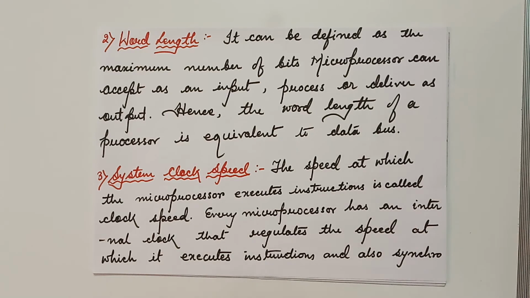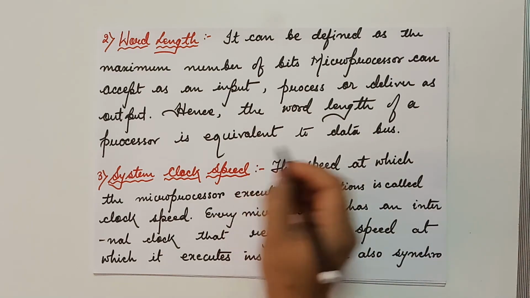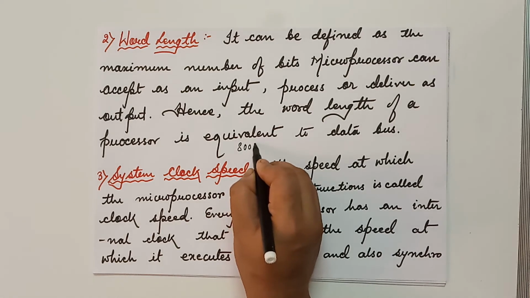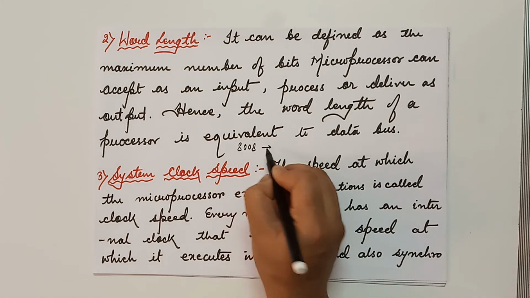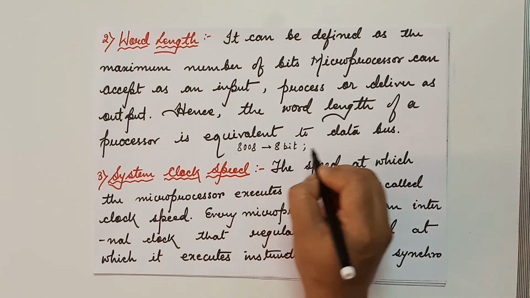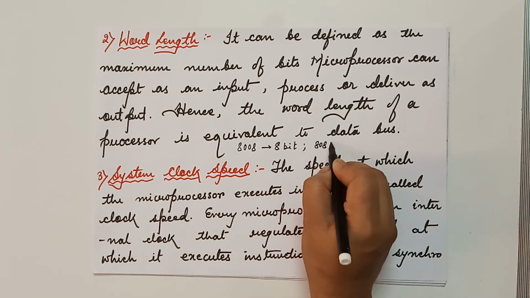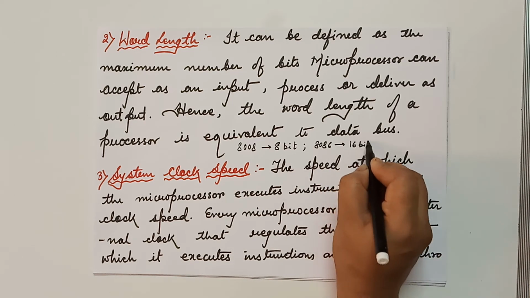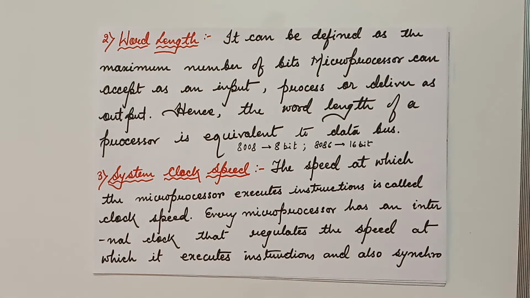Just like we have already discussed in the evolution of the microprocessor, the 8008 was an 8 bit microprocessor, the 8086 was 16 bit, and likewise. So the word length of the microprocessor basically depends on the width of the data bus.